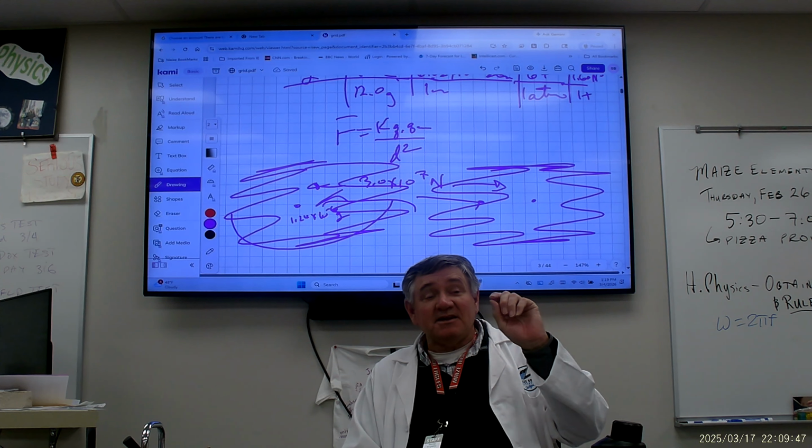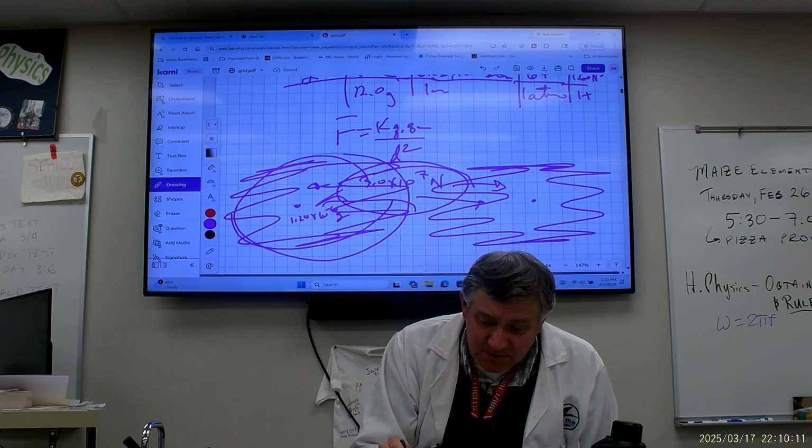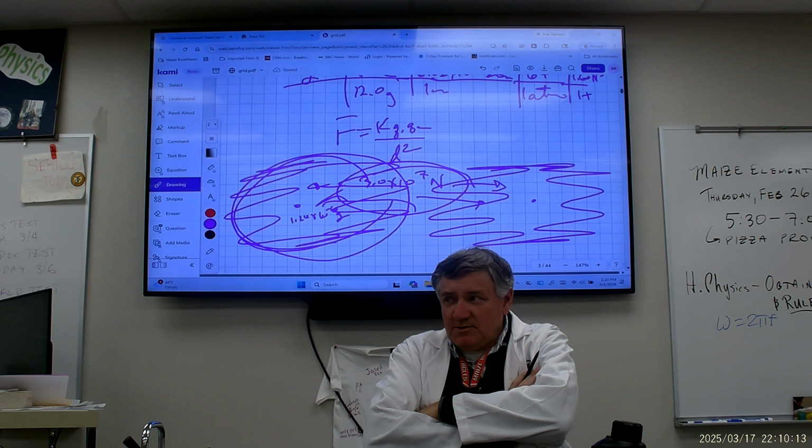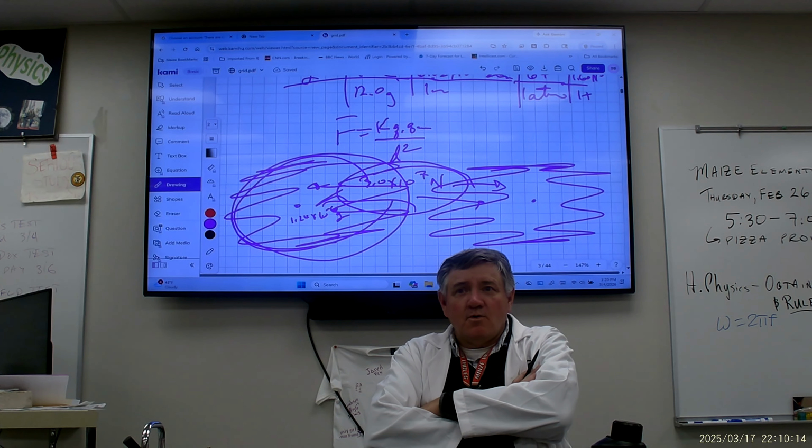Now, imagine all those electrons which are really close to that nucleus. What are they going to feel? They're going to feel a lot of an attractive force, right? So the question being is, why don't all the electrons collapse into the nucleus?